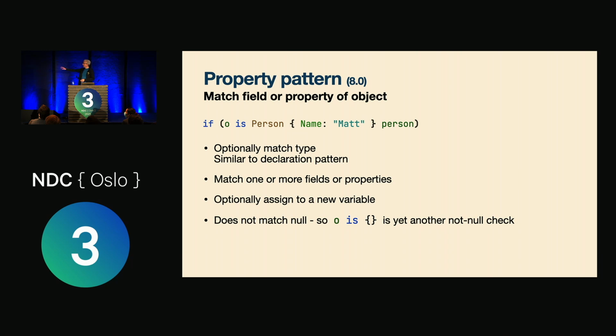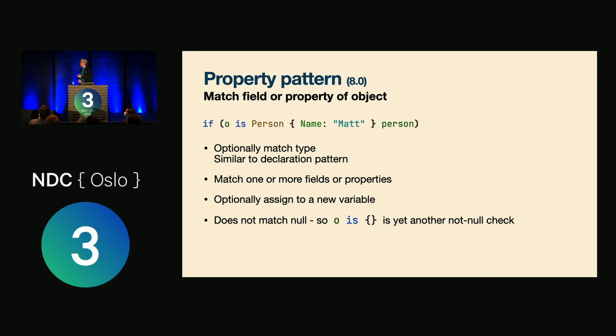So here I'm saying, if o is a person, then match the name property and see if the name property is Matt. If so, store that in the person variable. We can optionally match the type. If o is already a person, that type there would be unnecessary. And we also don't need to assign it to a variable there as well. So we can just have it where it's just matching the properties, or we can have it doing everything there.